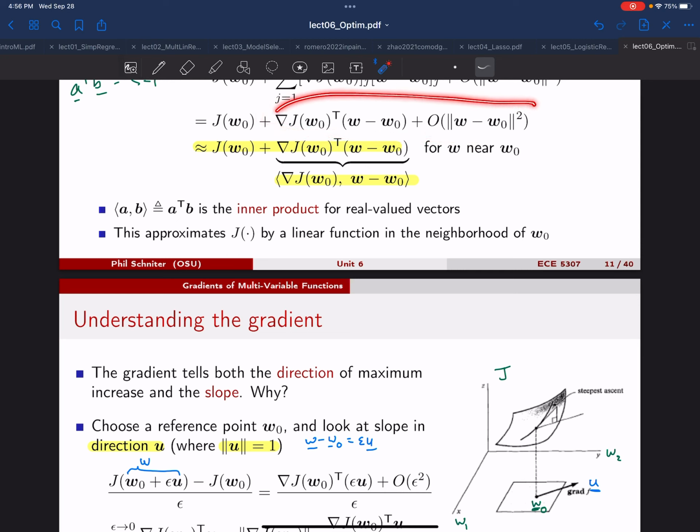So when I take J of W minus J of W naught, I'm left with this. And in particular, this is just epsilon U. So I get this transpose epsilon U, plus the order of the norm of epsilon U squared.